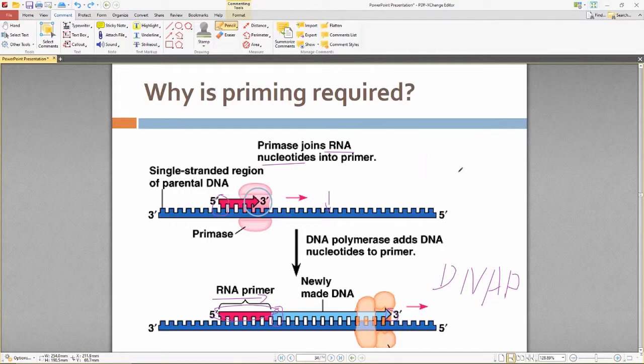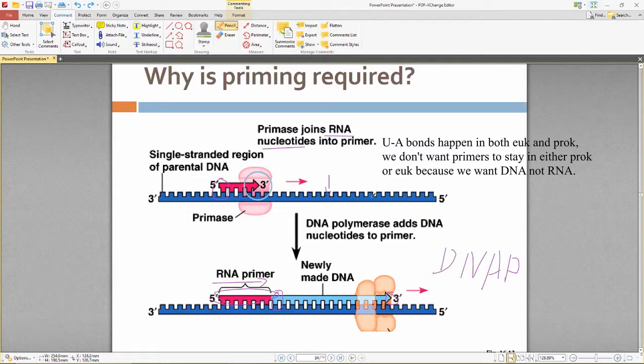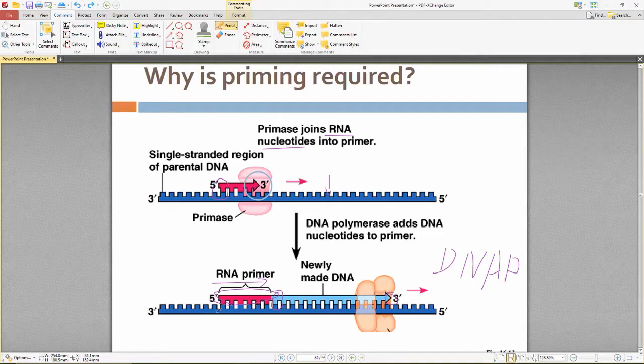For prokaryotes. But in eukaryotes, we don't want this. Primers won't stay. There's no problem with the primer being here to begin DNA polymerization, and it's really required, but it will be replaced.